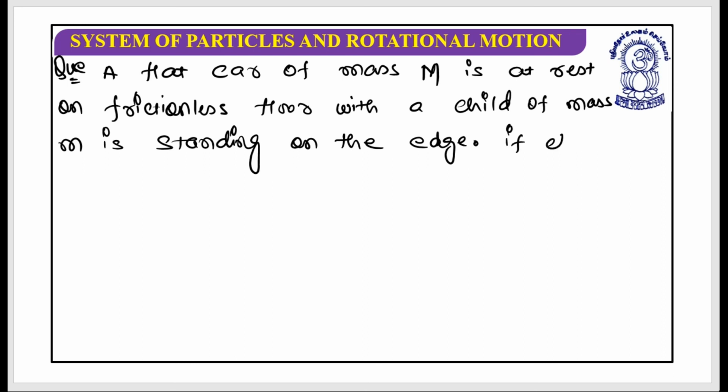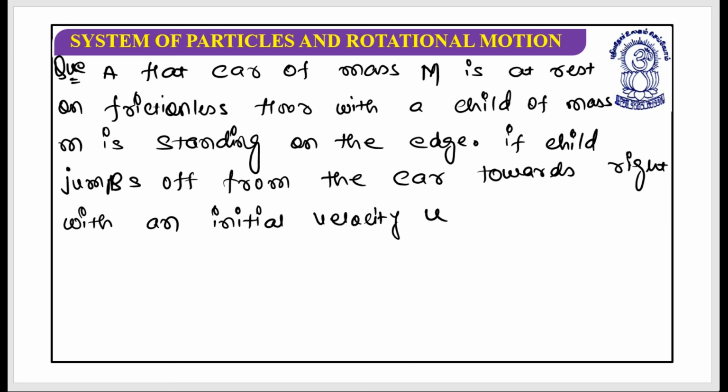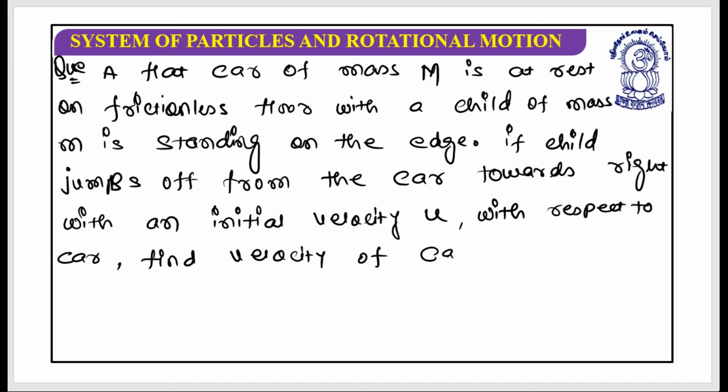So if the child jumps off from the car towards the right with an initial velocity u with respect to the car, find the velocity of the car after the child jumps.